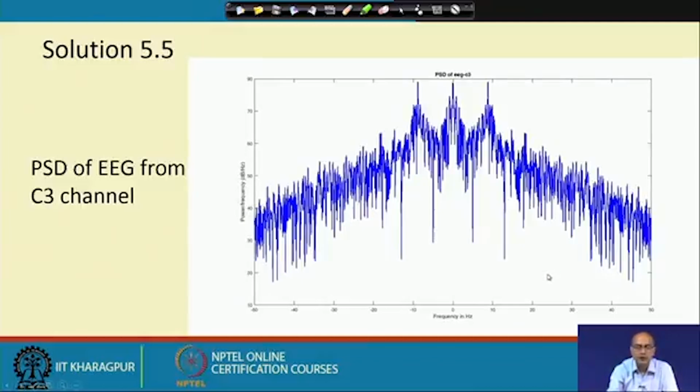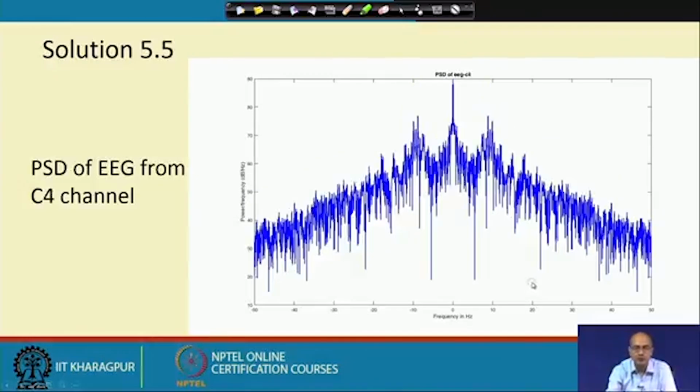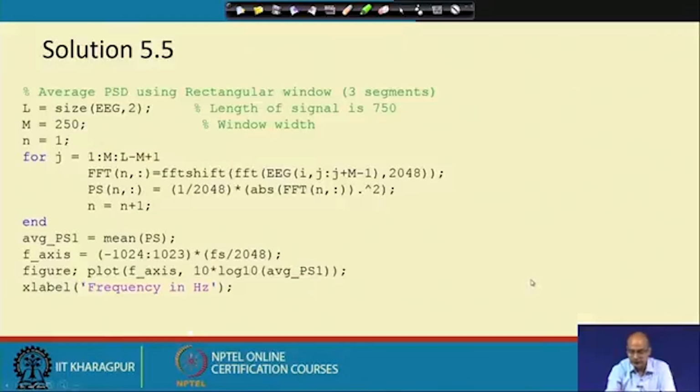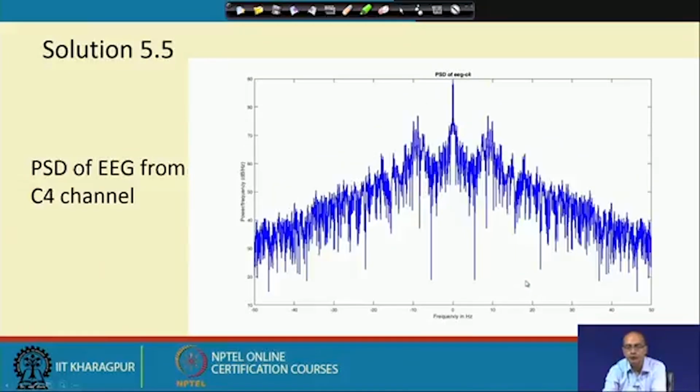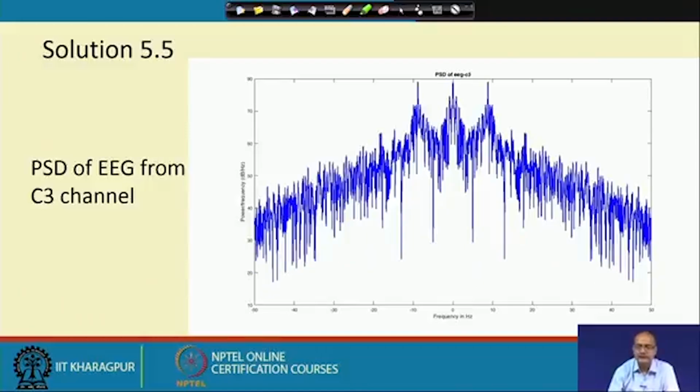Then go for the channel C3, where around 10 the peaks are even more pronounced, and then C4, where we get the same nature, though the signal strength around 10 is less than that of C3.